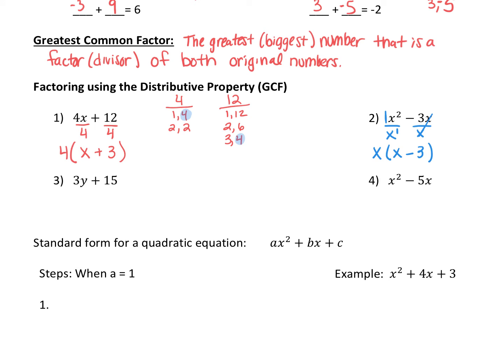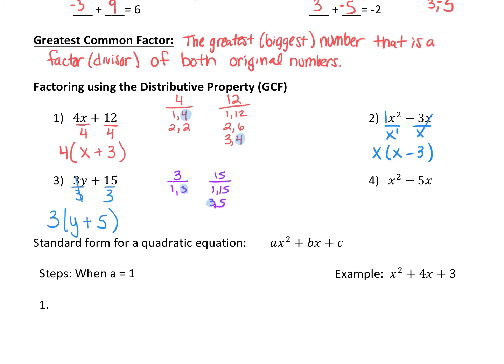All right, in number 3, I have 3 and 15. So 3 is 1 and 3. 15 is 1 and 15, and 3 and 5. So I can see that 3 is my greatest common factor. So I'm going to divide by 3, put the divisor in front. 3y divided by 3 will leave me with just y. 15 divided by 3 would leave me with 5.